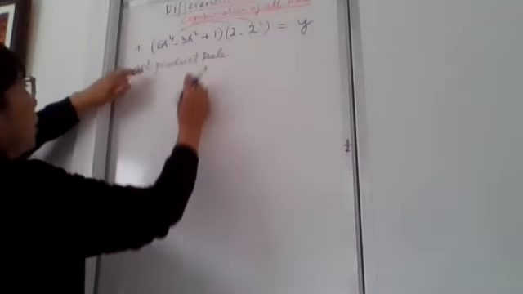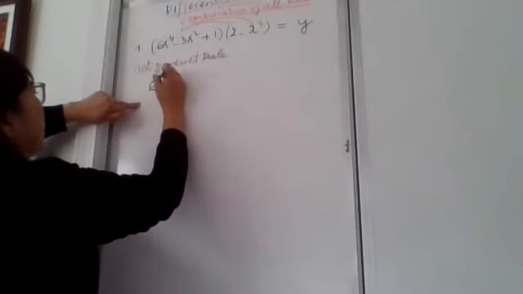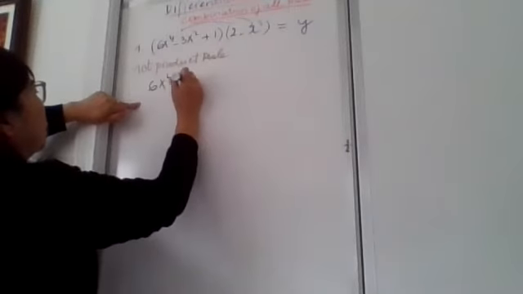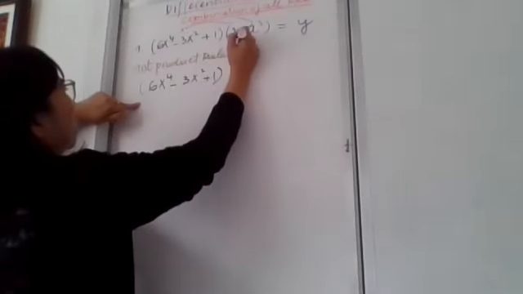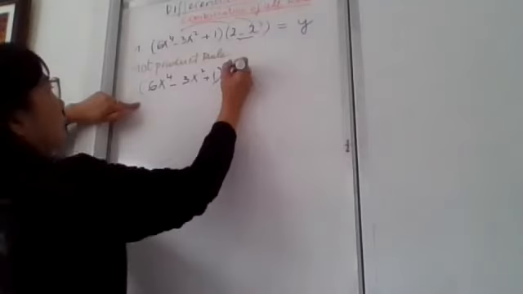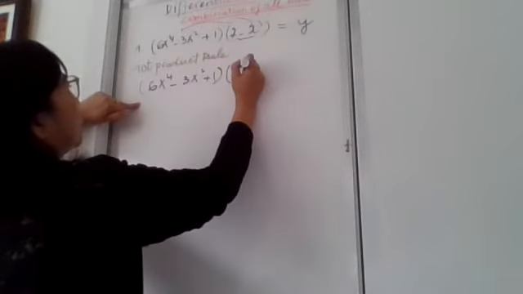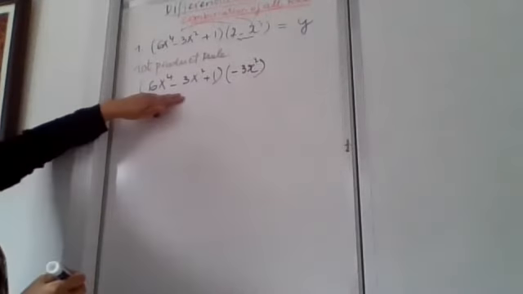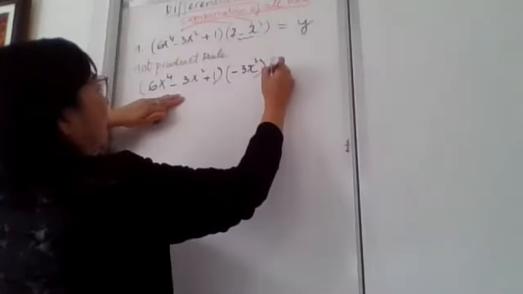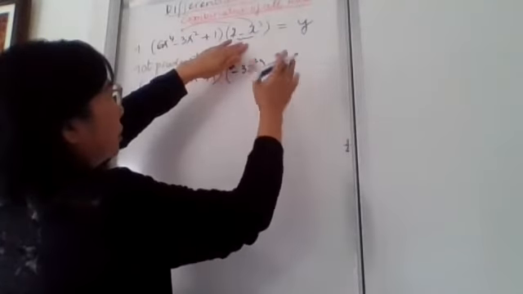So in my way, I'm going to keep the first bracket the same, 6x to the power 4 minus 3x squared plus 1. Now I'm going to take the derivative of the second bracket. The derivative of 2 is 0, minus x to the power 3 becomes minus 3x squared. So now I keep the first one, and now I add the second one, alternating.